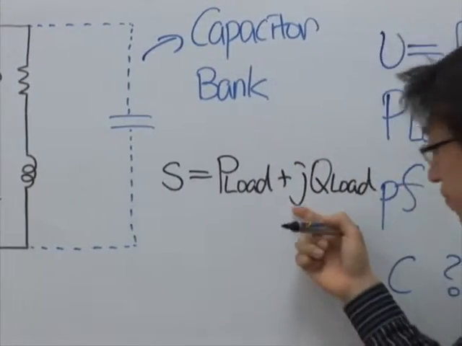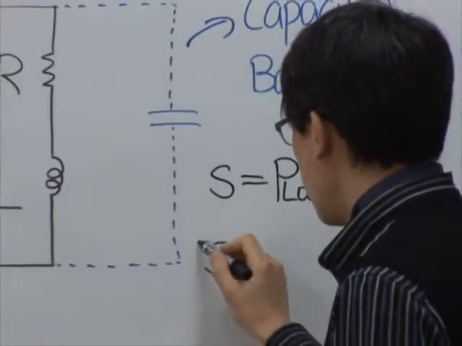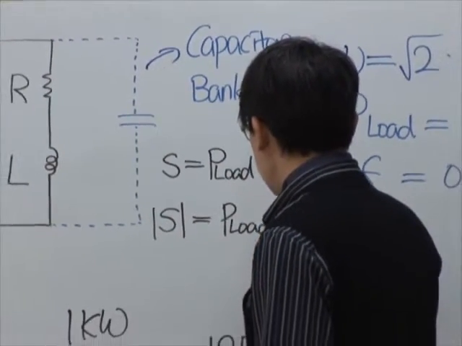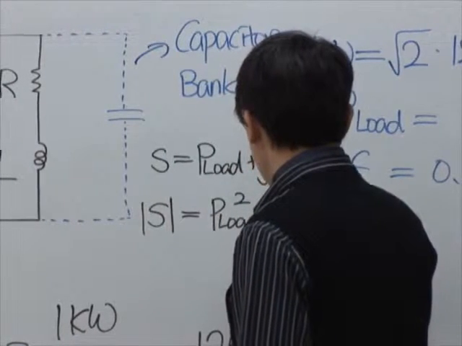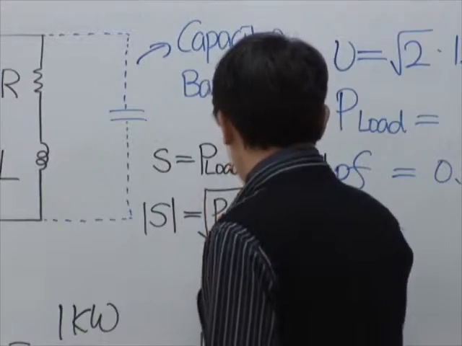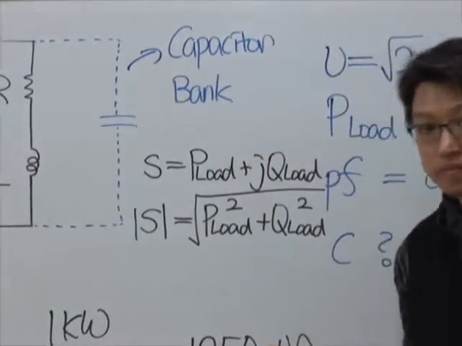Okay? And the magnitude of S is the square root of P load squared plus Q load squared.